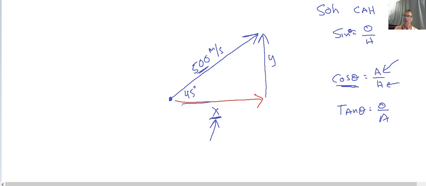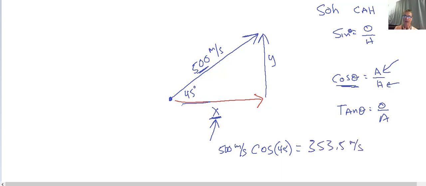So it's going to be cosine of 45 degrees times 500 meters per second, and that's going to equal the adjacent side of the triangle. So cosine of 45 degrees is 0.707, and if I multiply that times 500 meters per second, I get 353.5 meters per second.